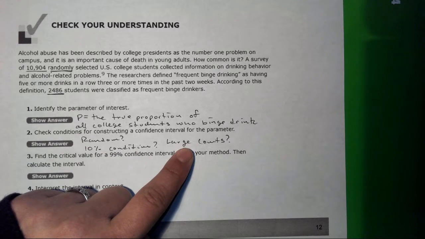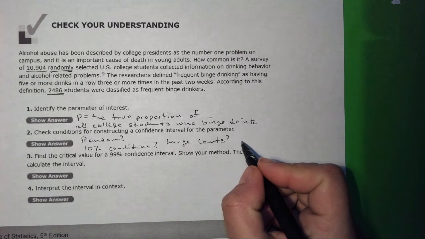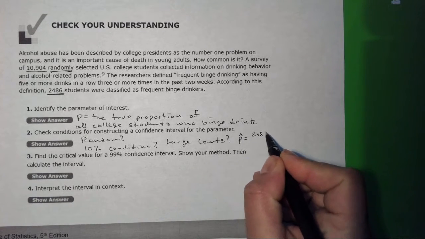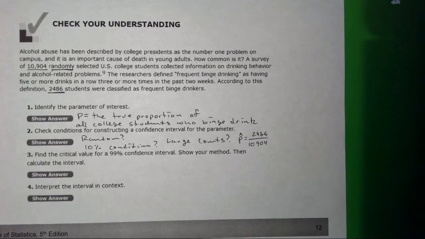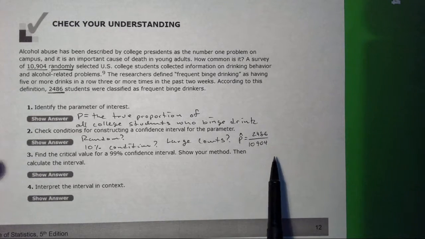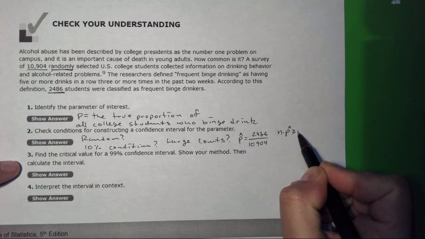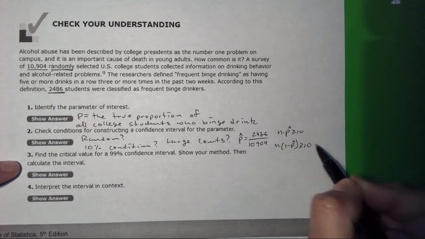And the large counts should pass also, because your p hat should be 2486 out of 10,904. Alright, so you should pass the large counts also. So n times p hat should be greater than or equal to 10, and n times 1 minus p hat should also be greater than or equal to 10.